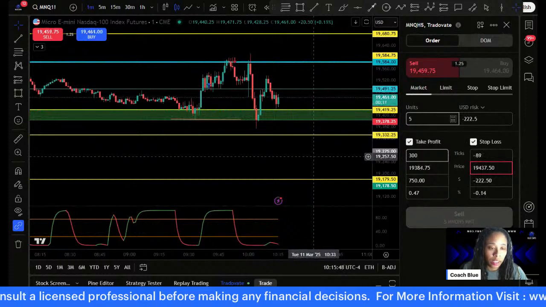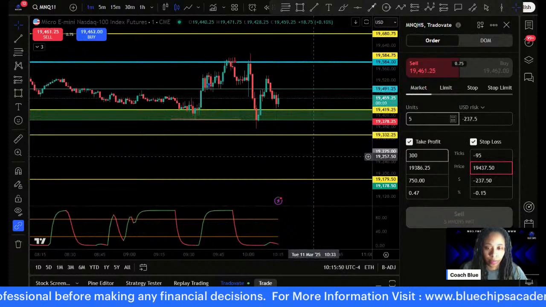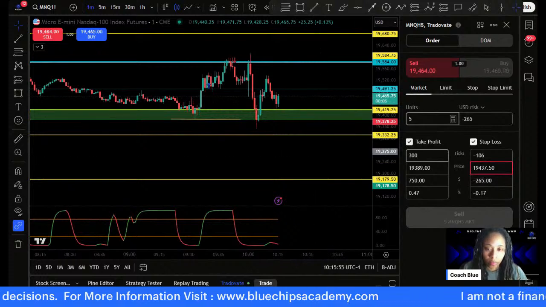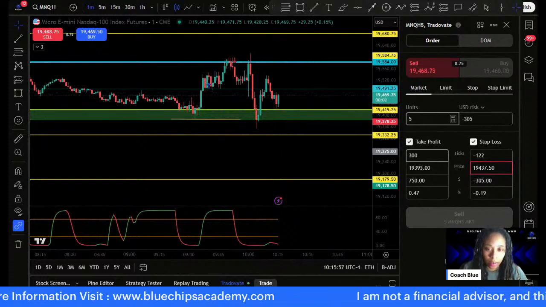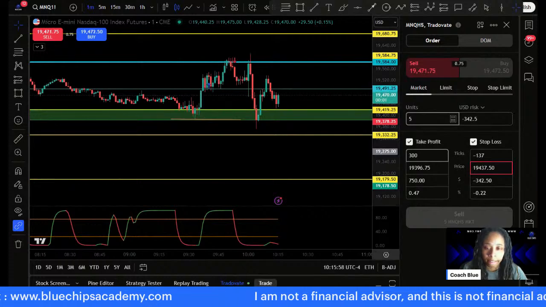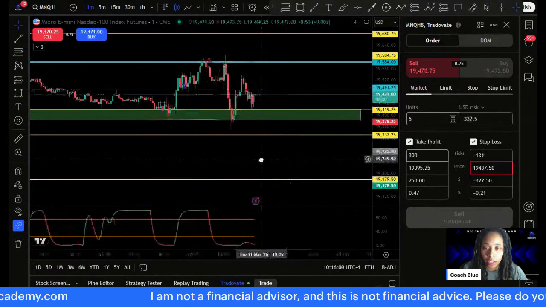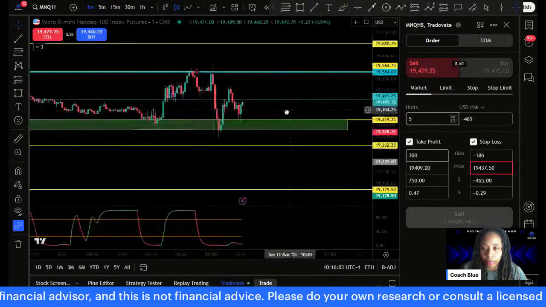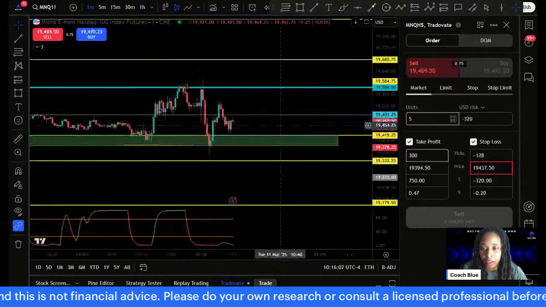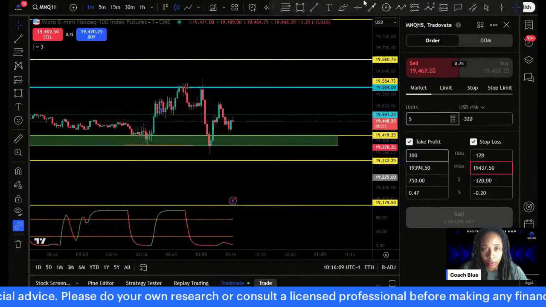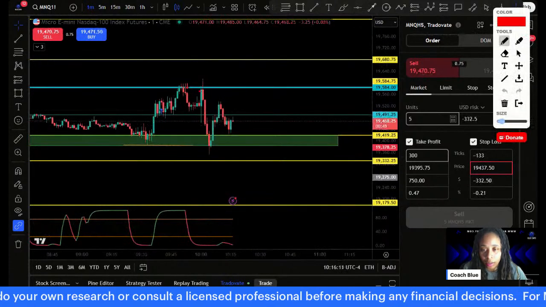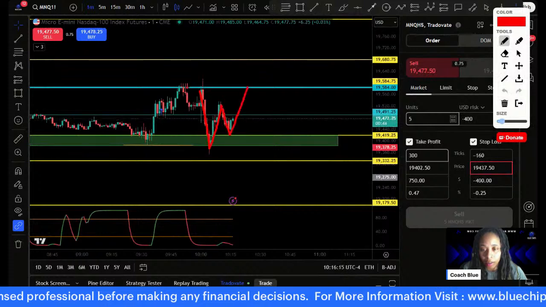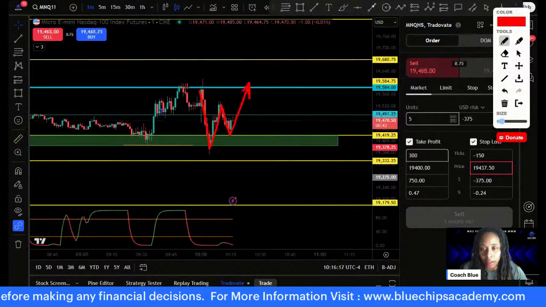We shall see, guys. But right now, we're just moving sideways. I do see a potential W structure forming: down, up, down. Potential upside here.